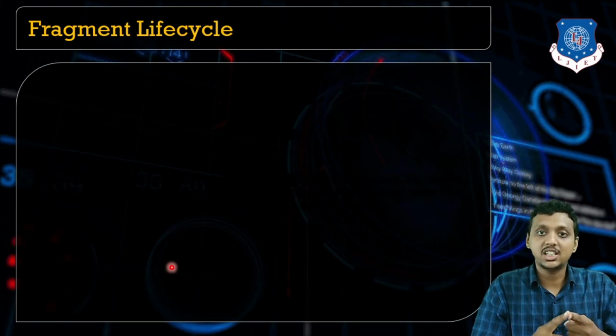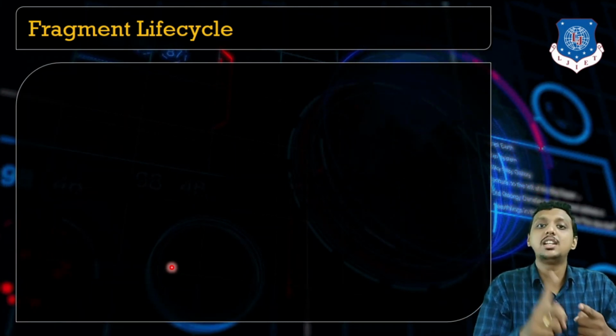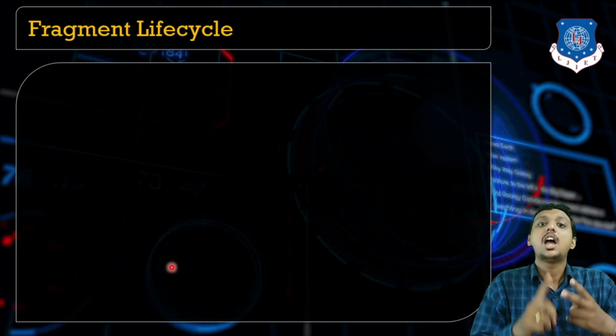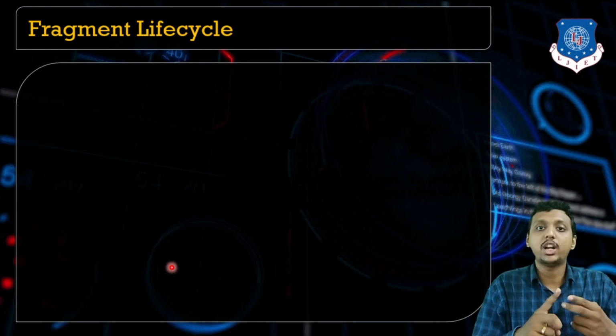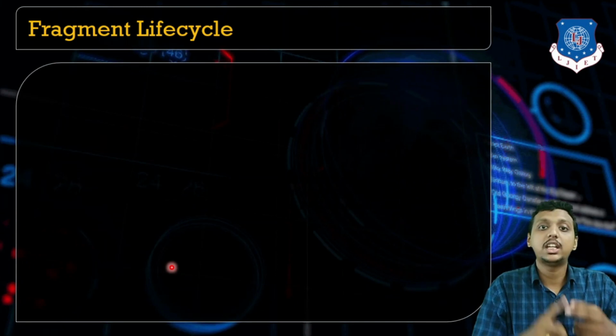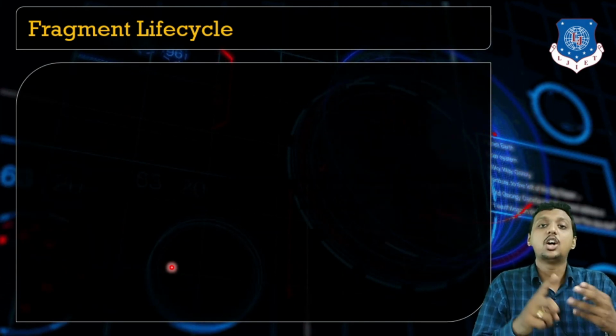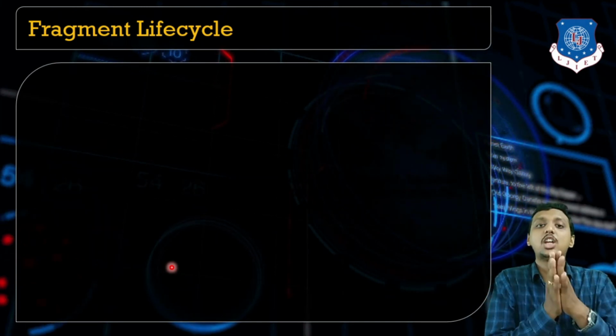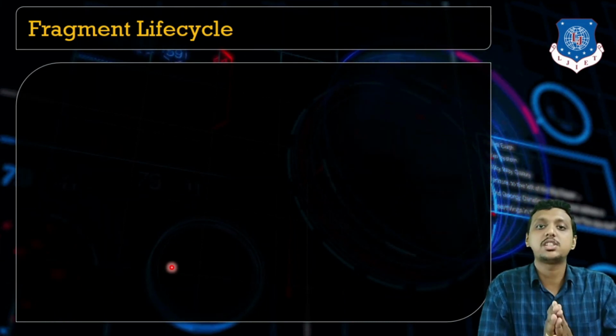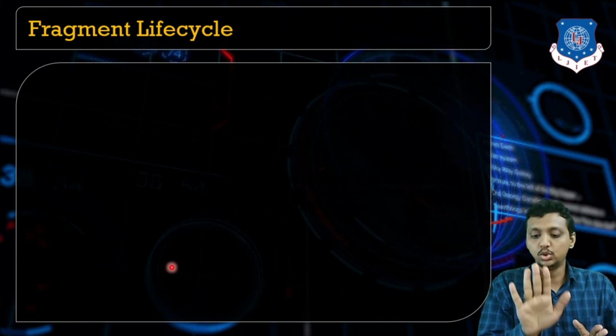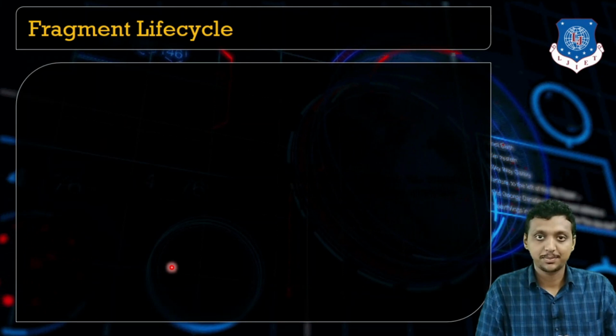That means the onCreate method is called. After onCreate comes onStart, then onResume. When the activity is in the onResume state, you can easily view the particular screen of the device.